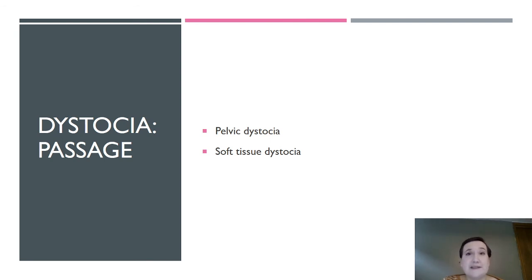A full rectum, if the mom has been really constipated and we're so full that we're also preventing baby from coming down, that's another concern. And a placenta previa, which we have not talked much about, but again, this is when the placenta is covering that cervical os, like a low-lying placenta.